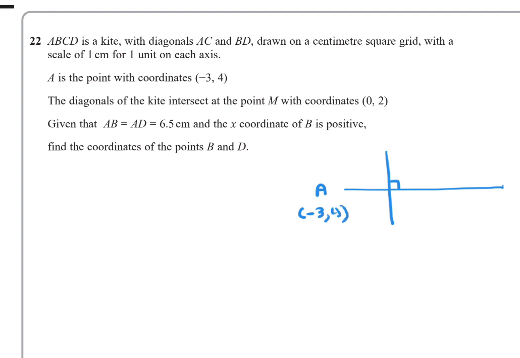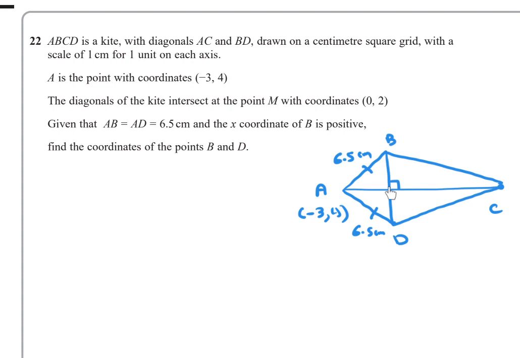It's given that AB equals AD, so this is point B and this is point D. So AB equals AD equals 6.5 centimeters. And this is point C. The two diagonals intersect at the point M with coordinates (0, 2). We need to find the coordinates of B and D.